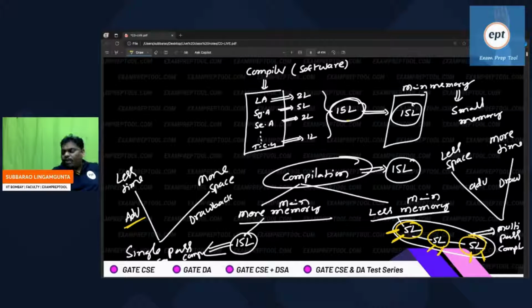It can run from the hard disk also, but at that time your system becomes very slow. The program which will always run, as soon as you switch on the system, immediately goes to main memory, and that program will always run until your system is off. That is the operating system. Right?